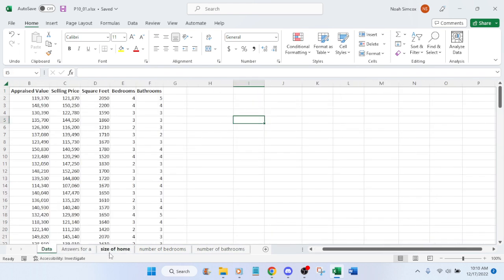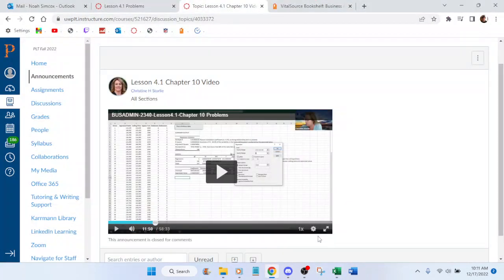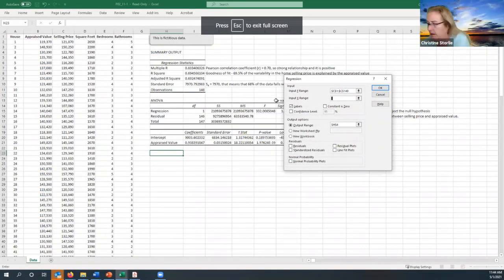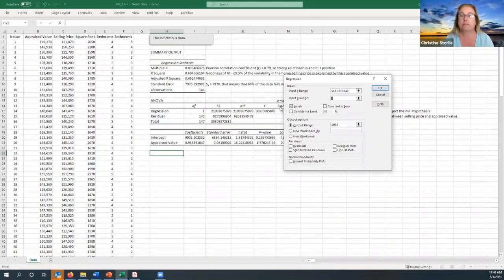And I'm assuming that its selling price is Y, and then size of home is the X. All right, so we're going to switch the first, or the X variable, the first option that's left of square feet.